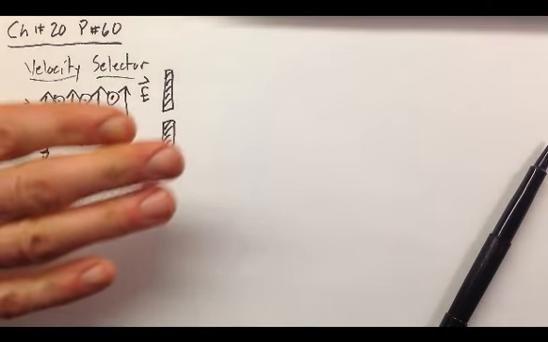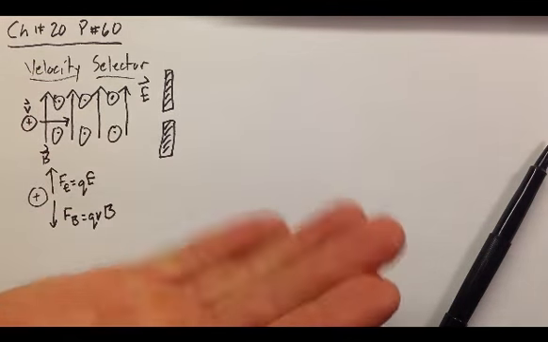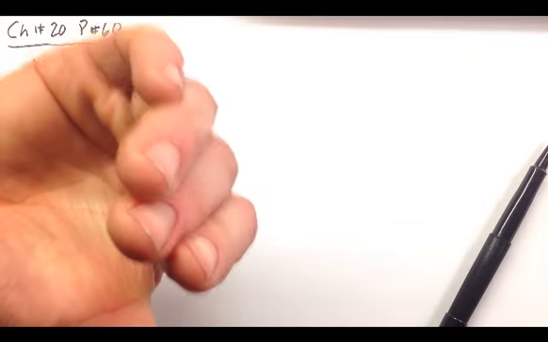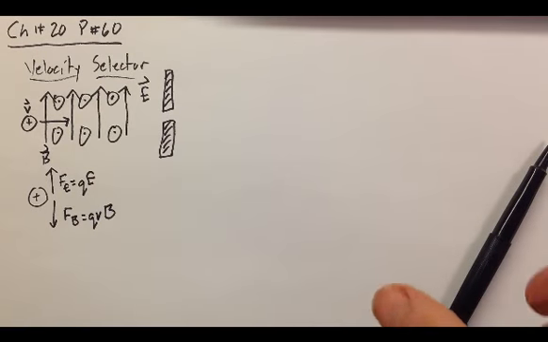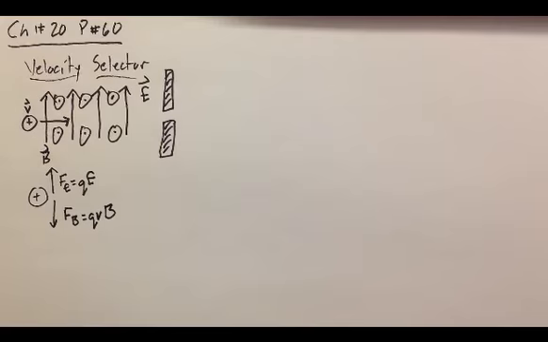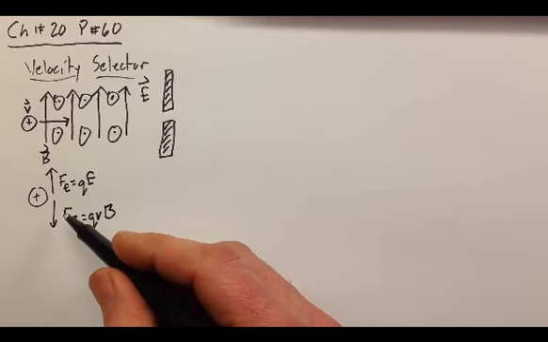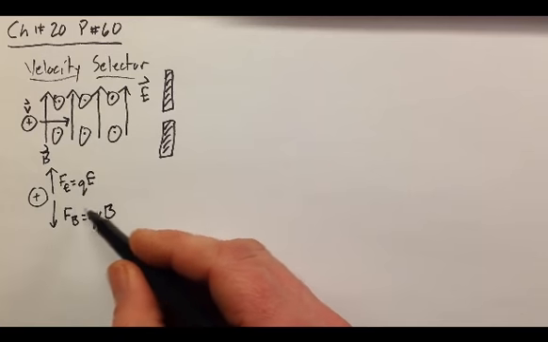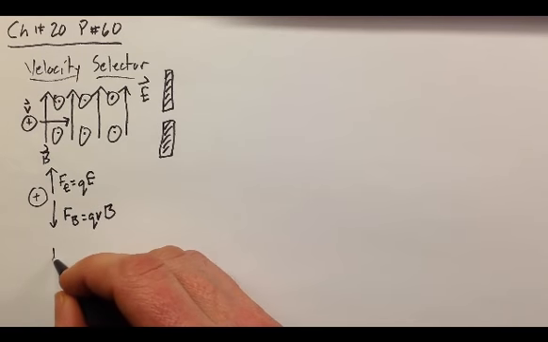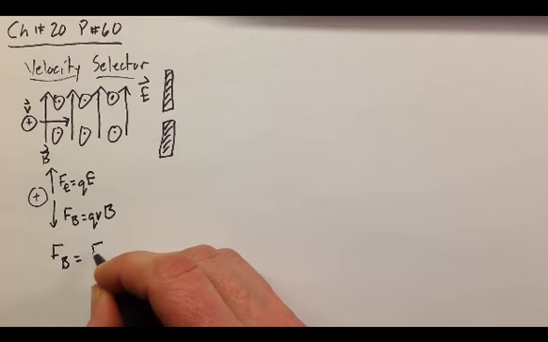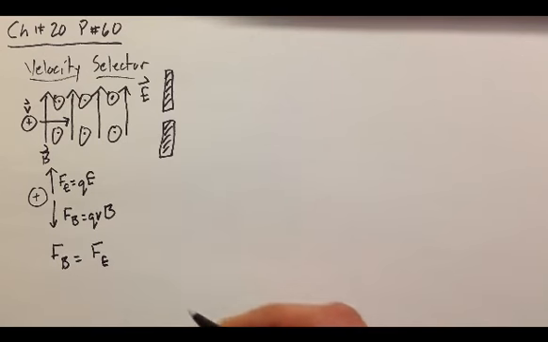If I put my hand in the direction the particle is going, curl my fingers up in the direction of the magnetic field, my thumb would point downward, okay? Now, in the special case that these forces are equal to each other, we could say F sub B is equal to F sub E, okay?